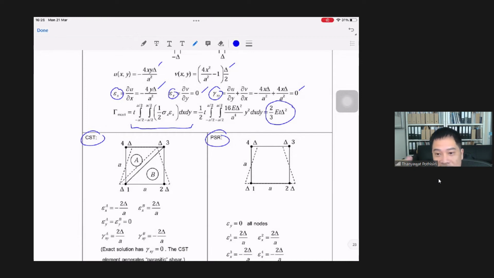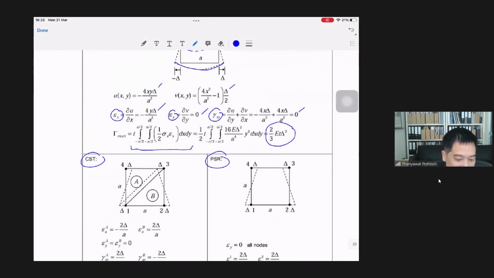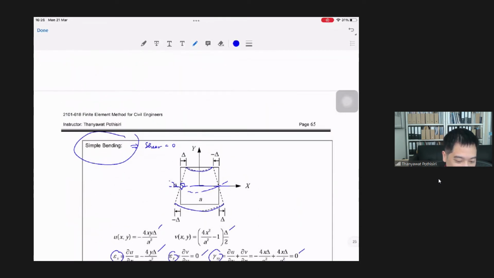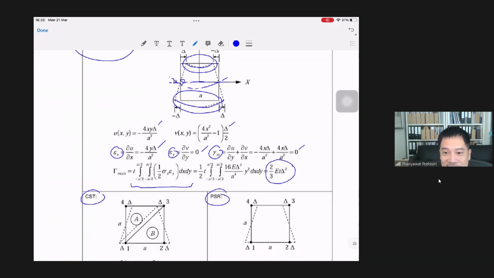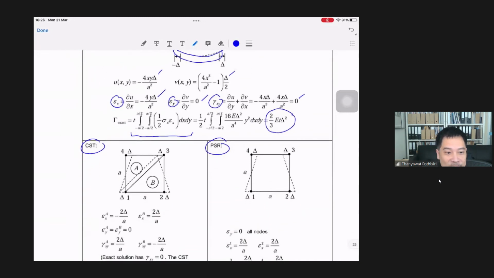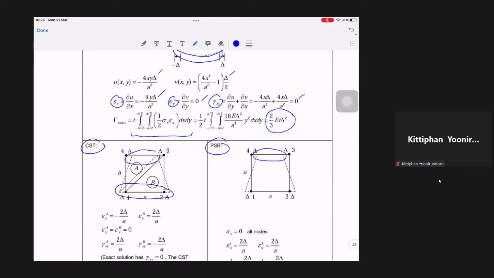So it means that after deformation, the shape of the elements must remain linear as well. Okay, so you see instantly that there's no curve here or here on the top fiber and bottom fiber, but instead we have this and this. Okay, in the CST model as well as in the PSI model.